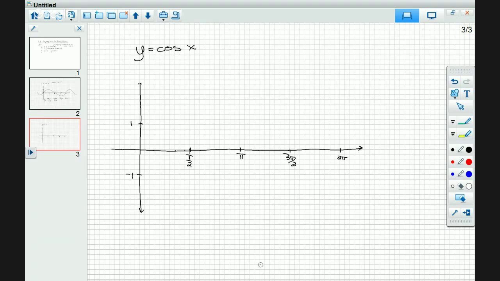So same setup. Cosine at 0, which minute on your grid. Graph paper makes these a ton easier. Of course, I'll be looking for that when I get your homework.